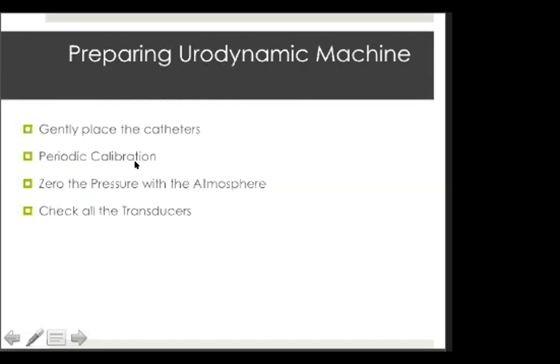For the calibration, this is the most important: we need to calibrate the machine and zero the pressure with the atmosphere. Before we start, everything should be calibrated and all pressures zeroed. We have to check all the transducers because sometimes they are easily dislodged. We must secure them, even with just tape on the inguinal area, so they do not come off during the examination.